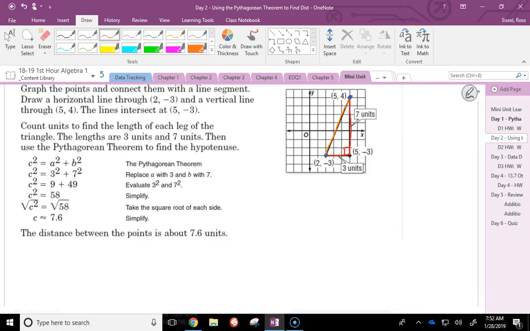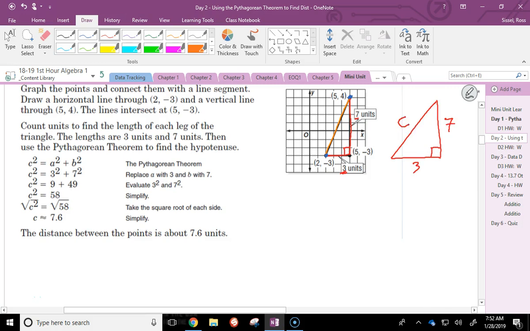The height was 7 units and the run was 3 units. So I could just transpose this triangle to right here, and I know I have a 7 and a 3 with my hypotenuse.